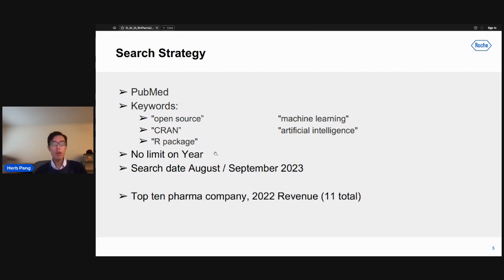There's no limit on the year of the search, and the search was completed around August or September this year. Top pharma companies with the highest 2022 revenue were used, and because listings have different sources of top 10 companies, eventually we ended up with 11.